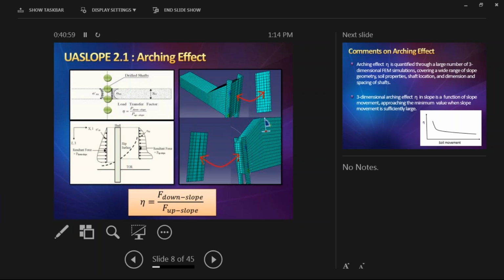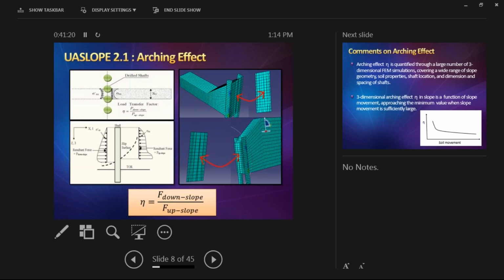So the task right now is to develop some kind of empirical relation for this eta, what we call the load transfer factor, to relate it to some of the relevant parameters in the problem.